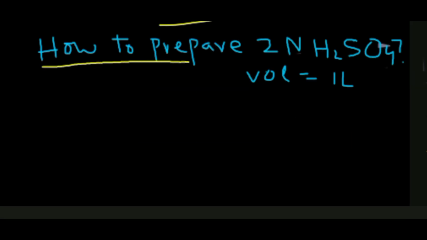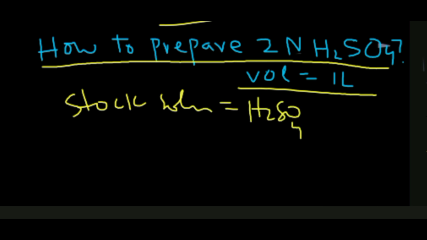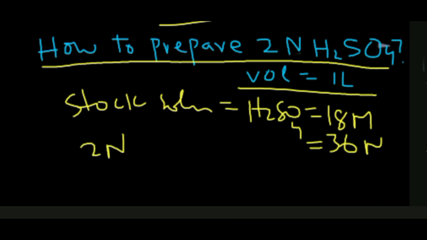So now we will discuss how to prepare 2 normal sulfuric acid solution of volume 1 liter. We have a stock solution of sulfuric acid which is 18 molar, or 36 normal. Now we want to prepare 2 normal solution of sulfuric acid of volume 1000 ml.